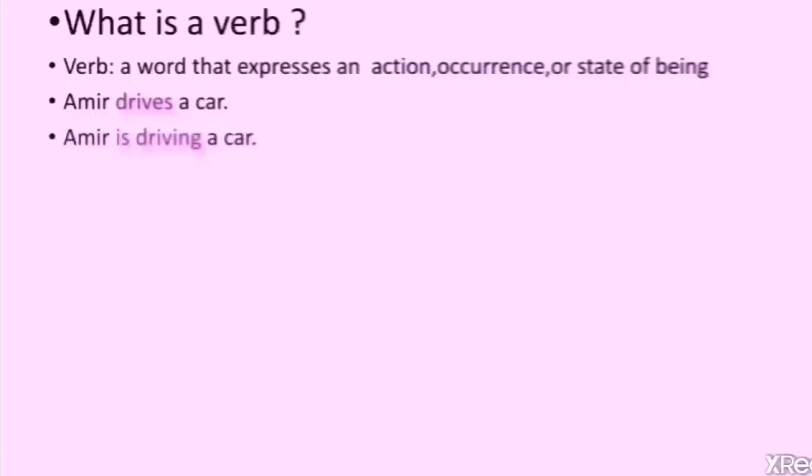Amir is driving a car. Is driving is a verb. Amir was driving a car. Was driving is a verb. Amir will drive a car. Will drive is a verb.